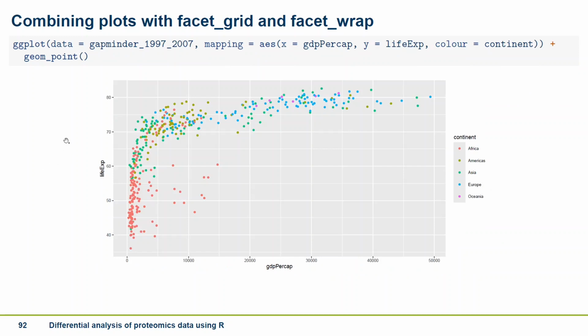Now we have a look at facet_grid and facet_wrap. So again, here we will use the scatter plot with the GDP per capita on the x-axis and the life expectancy on the y-axis, colored by continent.